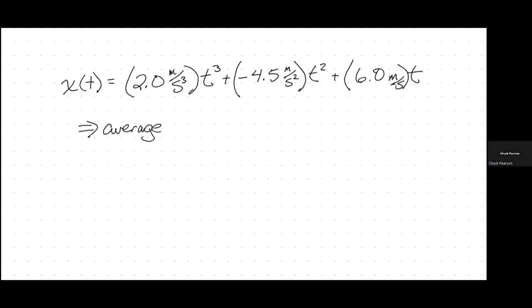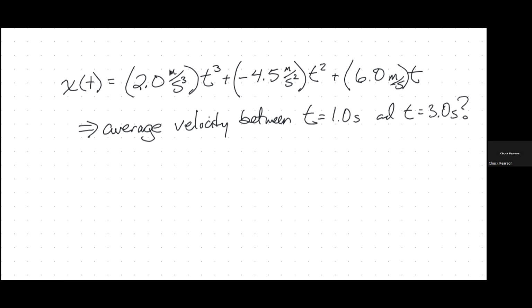Let's take this function. Let's determine average velocity between time equals 1.0 seconds and time equals 3.0 seconds. Now, average velocity is our old definition. It's delta x over delta t.